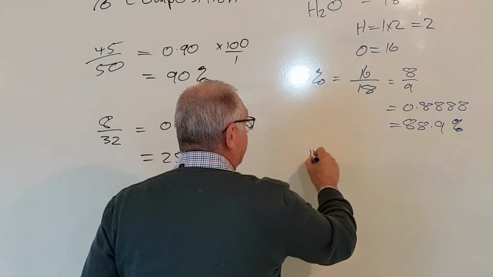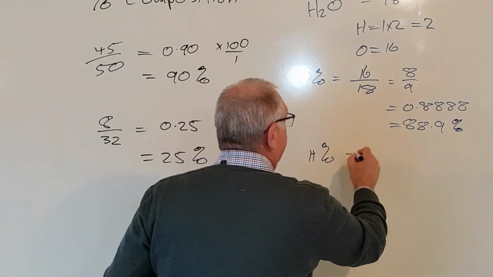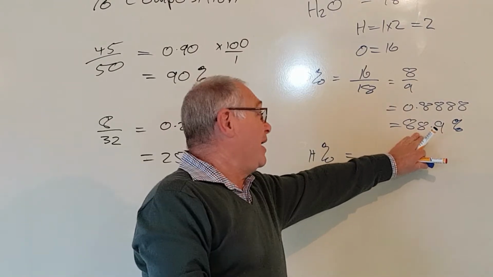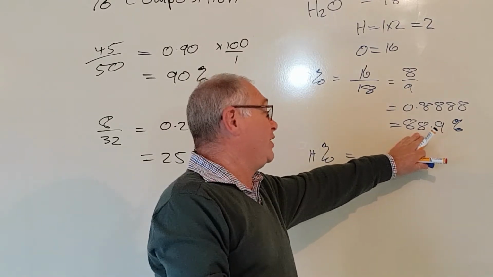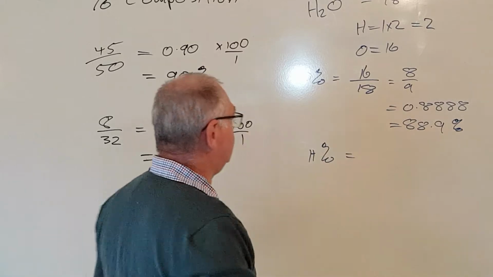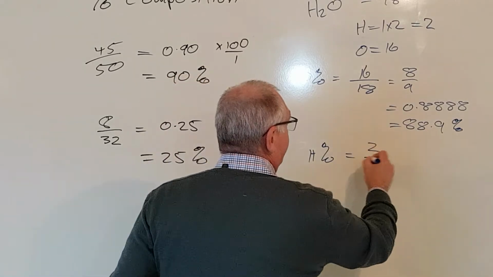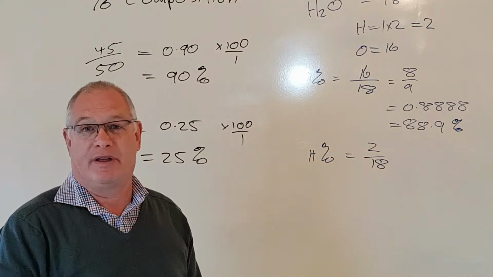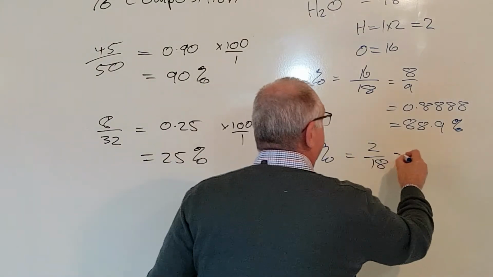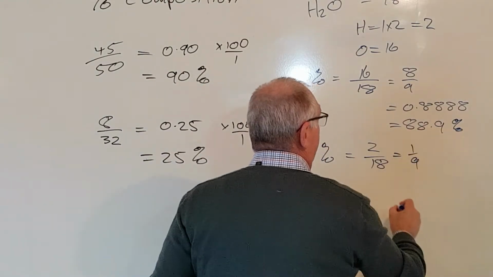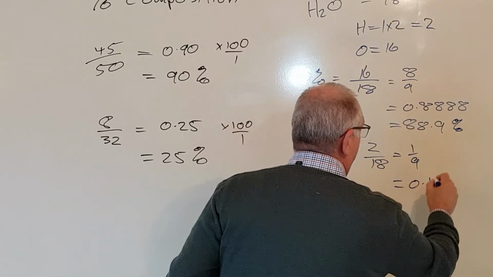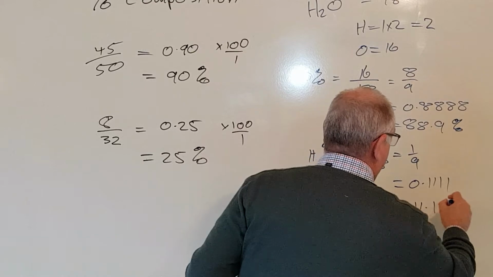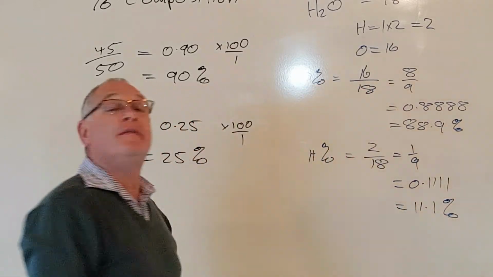The hydrogen percentage is going to be the difference. So we're going to expect about 11.1. So 2 over the 18 mass comes from the hydrogen. 2 over 18 is the same as 1 over 9, that's 0.1111, or 11.1%.